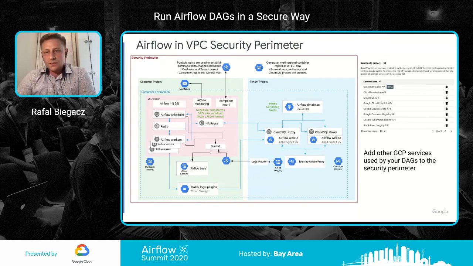On the right-hand side, I included information about all the services that you need to put into the security perimeter to properly configure Composer so that it is VPC-SC compliant. On top of it, of course, you need to add other GCP services that your DAGs are using to make the setup fully VPC-SC compliant.